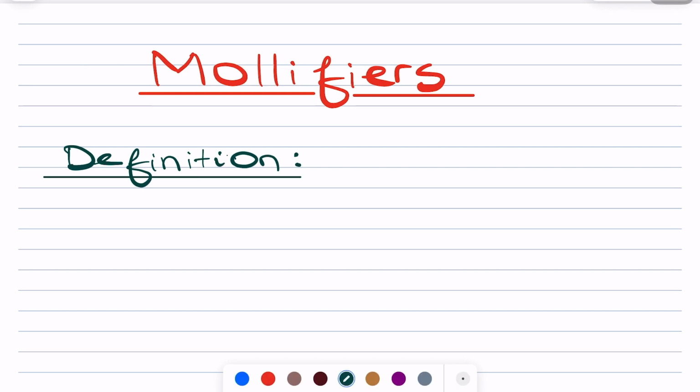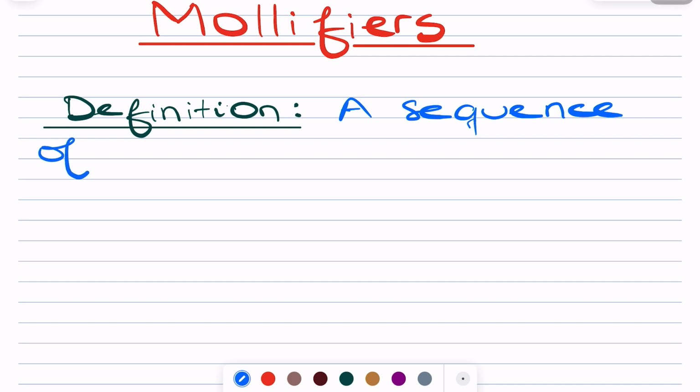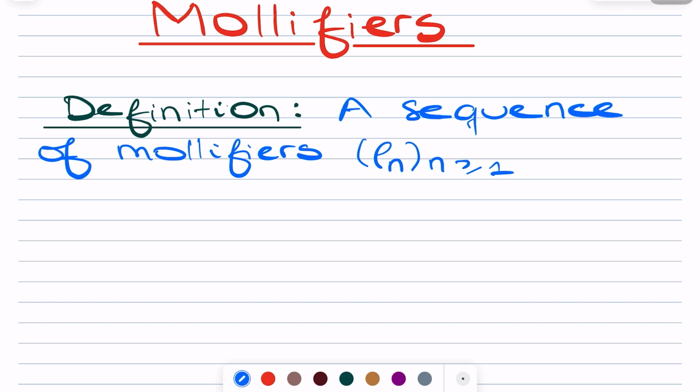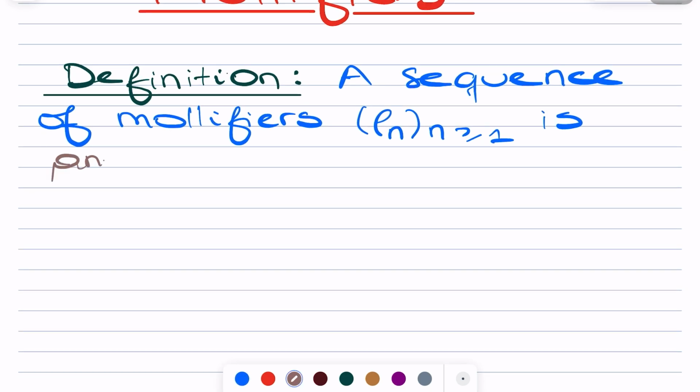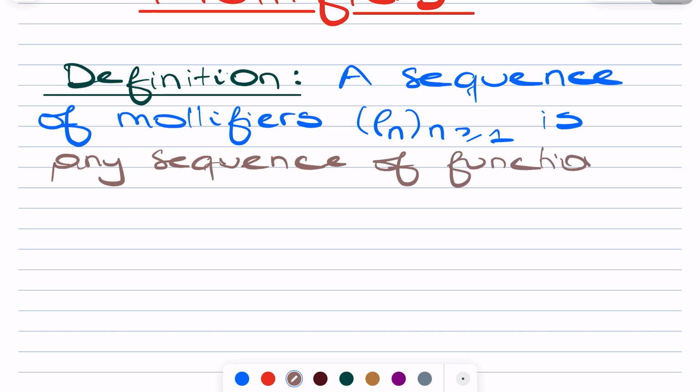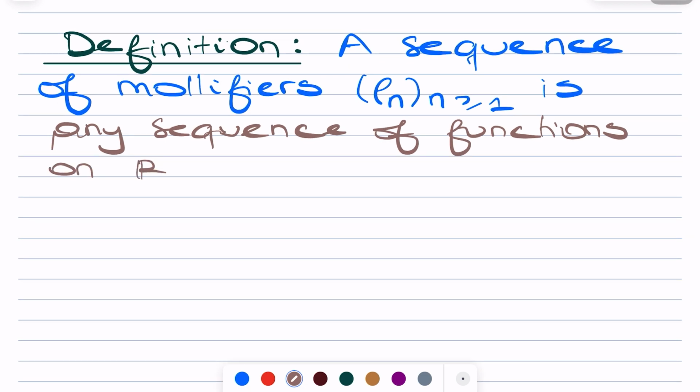A sequence of mollifiers, say we call it rho n, n greater or equal than 1, is any sequence of functions defined on R^n such that the following properties hold.